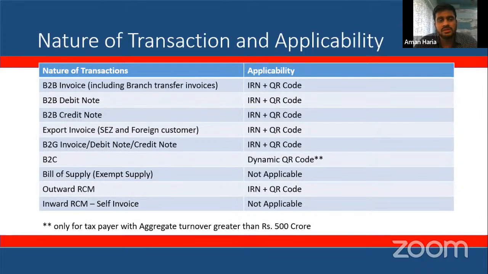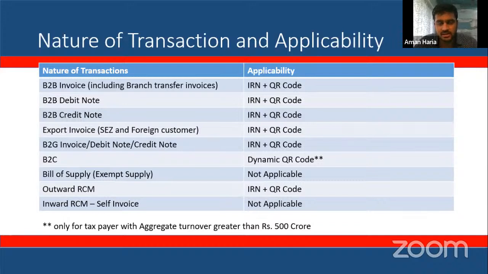For all your B2B invoices, including branch transfer, debit notes, credit notes, export invoices to SEZ, foreign customers with payment or without payment, all these will always have your IRN and the QR code. The next set is your B2G invoices.